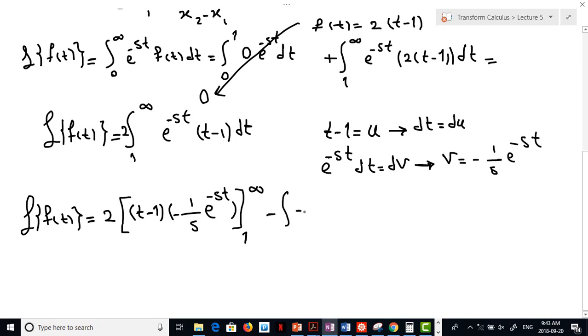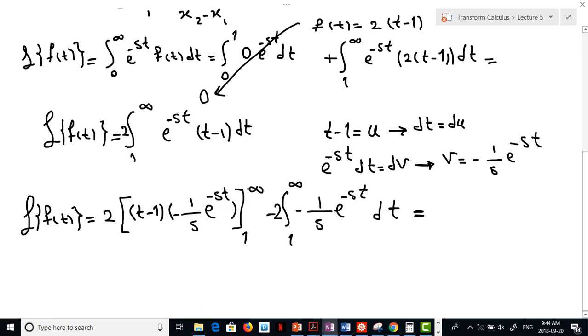So v is minus 1 over s e to the power of minus st. The integral is from 1 to infinity. v and du, so we have it here, du is equal to dt. Now I want to find, oh, here we have minus 2 as well, because at this point we had 2. So now we want to find this part, (t minus 1) times minus 1 over s e to the power of minus st.